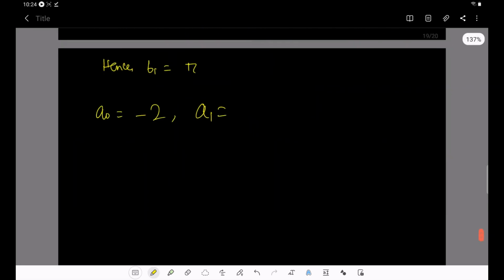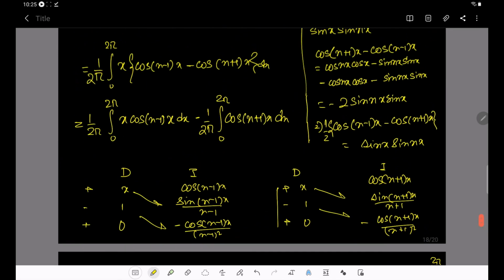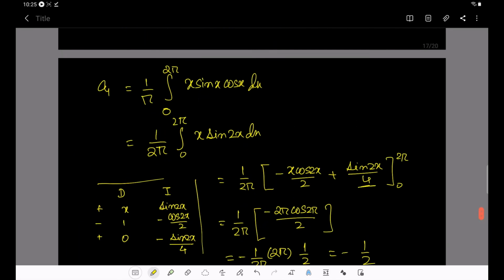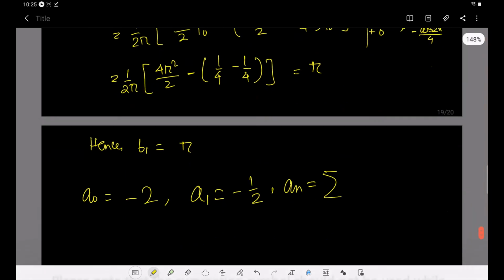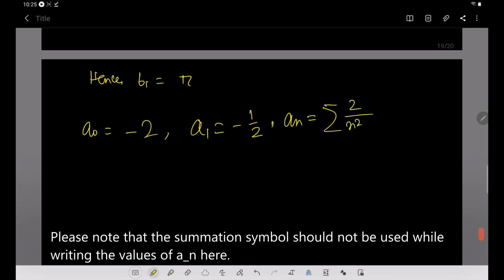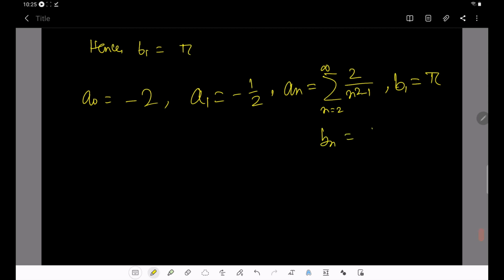A1 was minus half, and An for n not equal to 1 was, let me check again, 2 by n square minus 1, n is equal to 2 to infinity, and b1 was pi, and bn is 0 for n not equal to 1.